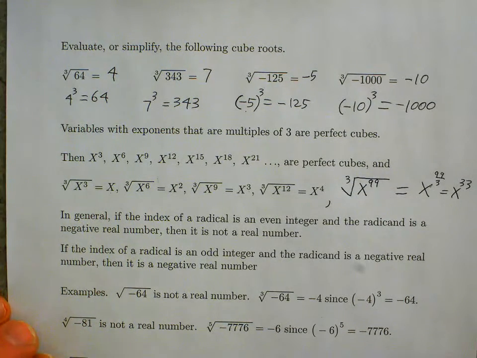Did it occur to anybody to wonder, what about a radical whose index is 1? You won't find that addressed or mentioned in the textbook, but we could use it.